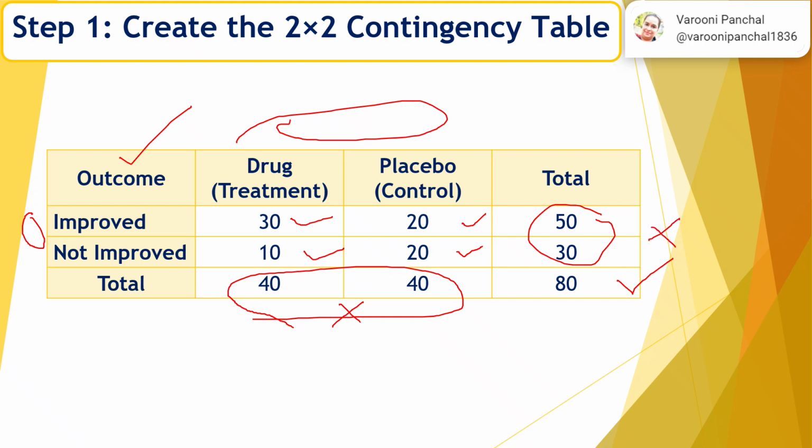If it is not matching, that means there is some discrepancy in some cell, and usually that will not be the situation. It will always match. So this is one example you can use to understand applying the chi-square test.